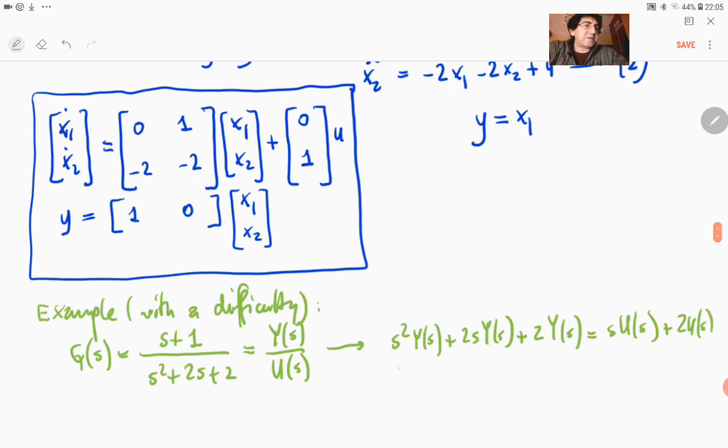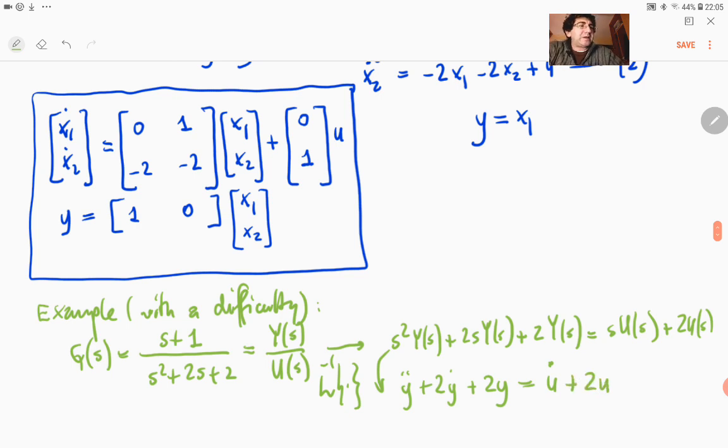Now the difficulty is that if I take the inverse Laplace transform of this, I have y double dot plus 2y dot plus 2y, and that is equal to u dot plus 2u.